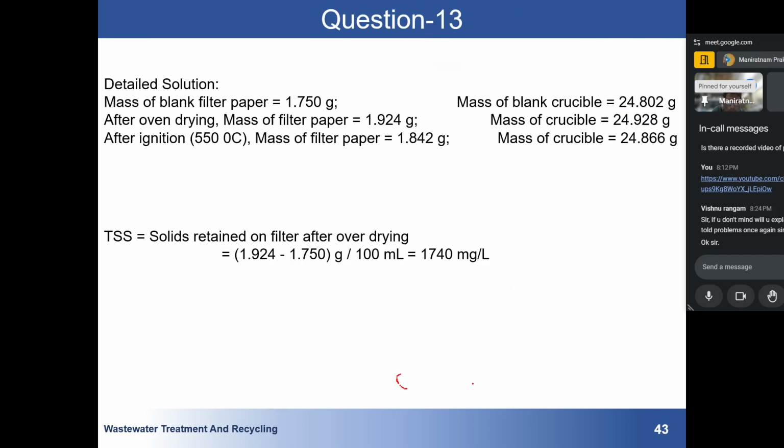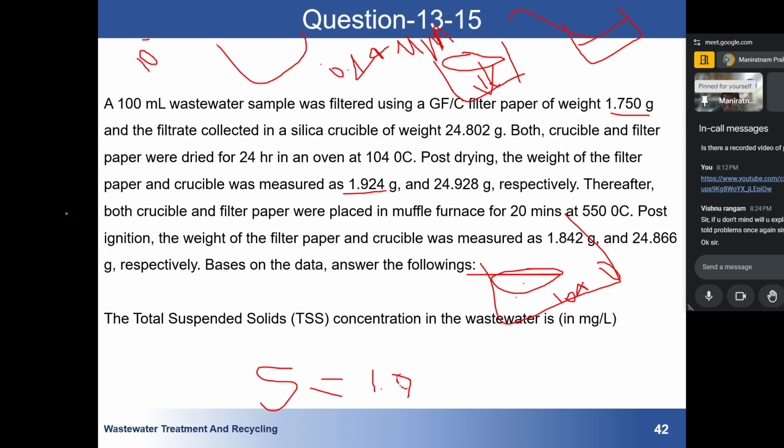So the question was: find the total suspended solid. Total suspended solid means how much suspended solid is there in the system. And how have we found the suspended solid? We passed our sample through the filter paper, and all the suspended solid was on the surface of the filter.